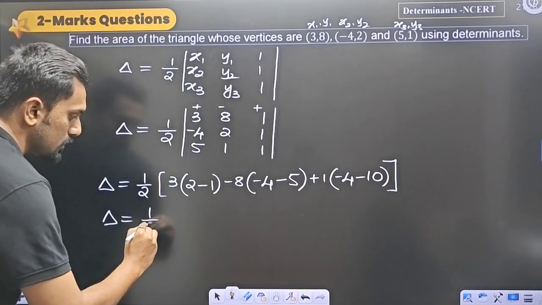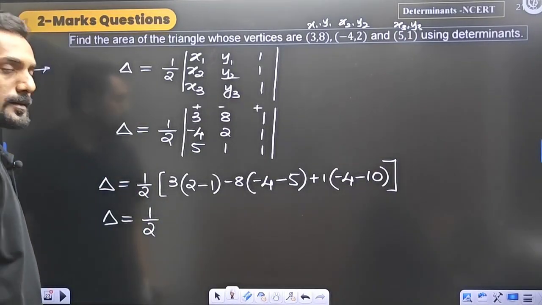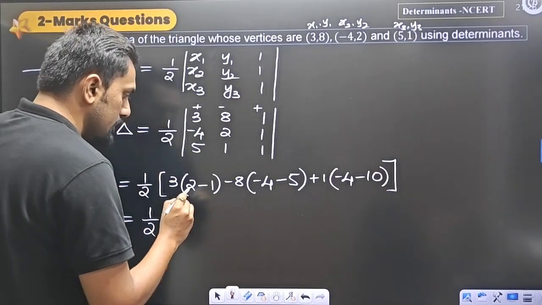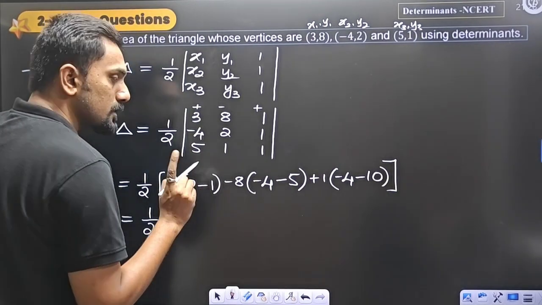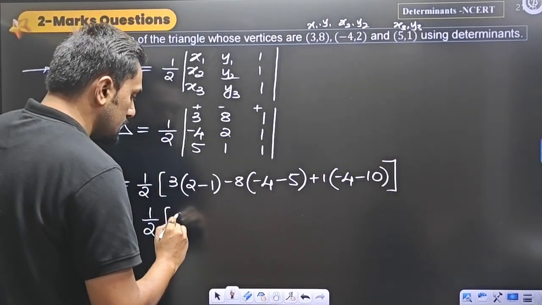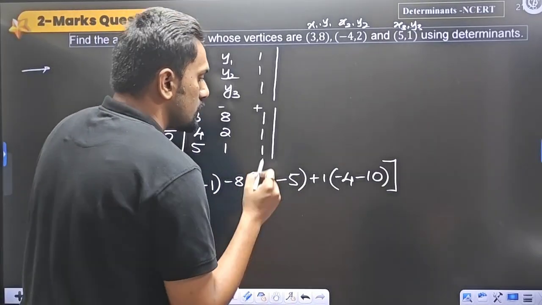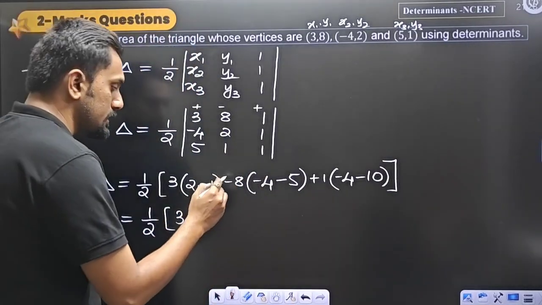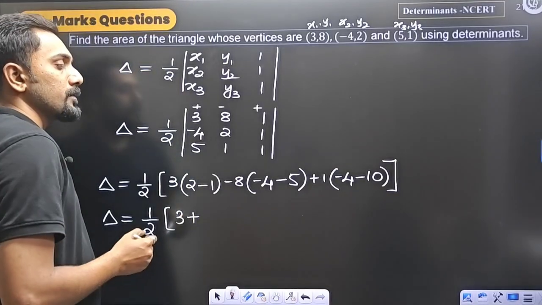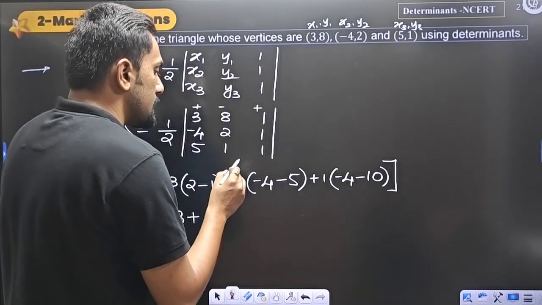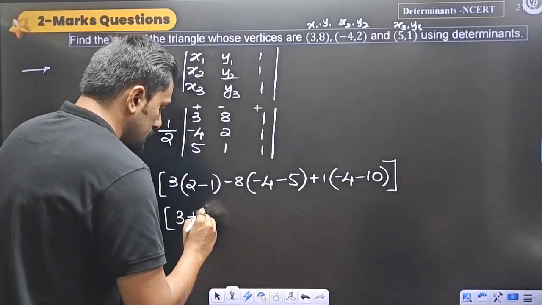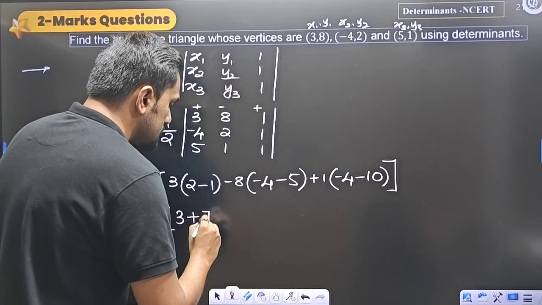area of triangle is equal to half multiplied by, here 3 into 2 minus 1, that is 1. 3 ones are 3, right? Minus 4 minus 5 will be minus 9. Minus into minus is plus, and 9 multiplied by 8 becomes 72.